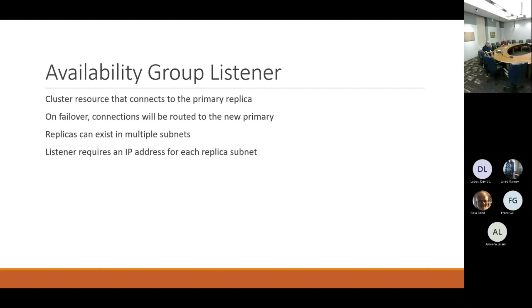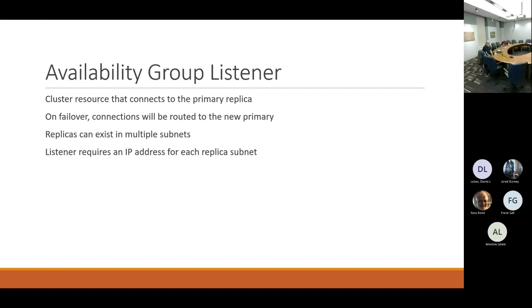And there's an IP or group of IPs associated with that listener. And when the availability group fails over, that listener points to the new primary. You can have replicas in multiple subnets, and that's what the demo I'm going to show will build out. And that listener requires an IP address for each replica subnet.